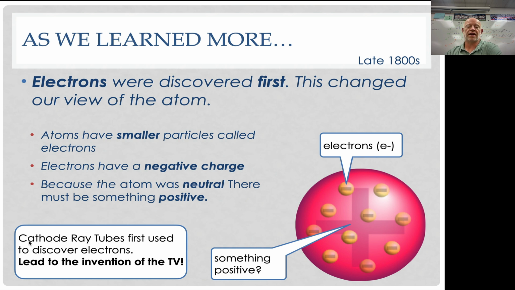This little scientific tube, built by a guy named Crookes, became the device that turned into a TV later in life, because bending and beaming electrons onto a screen is essentially how our first TVs were created. So it's interesting how a scientific thing that's really about sciencey stuff turns into something we use a lot in our daily lives.